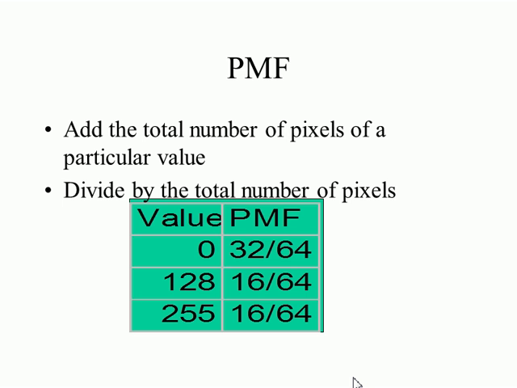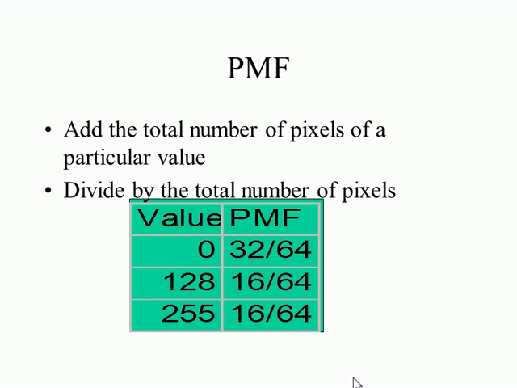So you look at the pixels and their values and say, aha, according to this slide, 0 is a value for a pixel. It occurred in 32 out of 64 pixels. Therefore, half the time, you got a 0 value. That's a probability mass function.